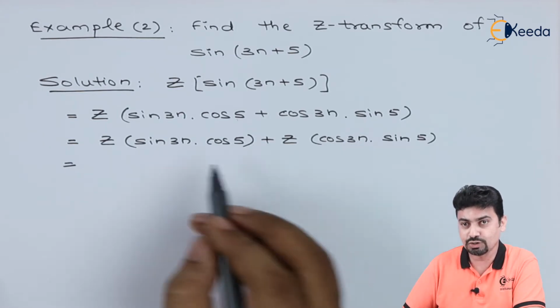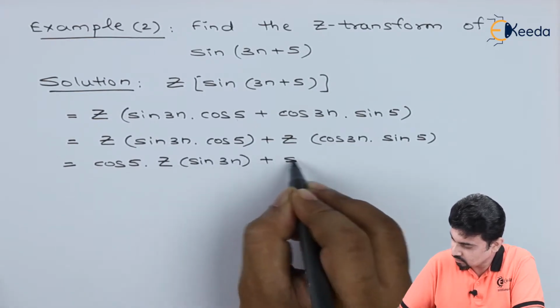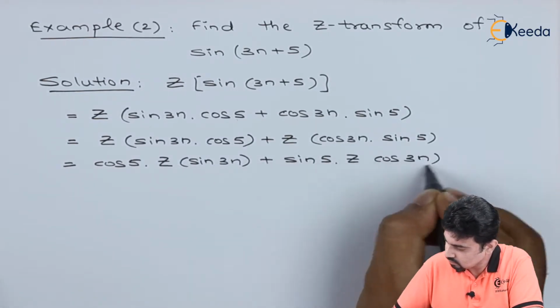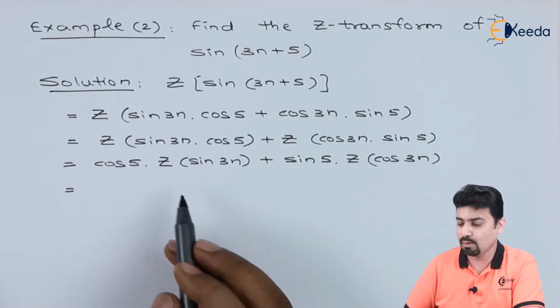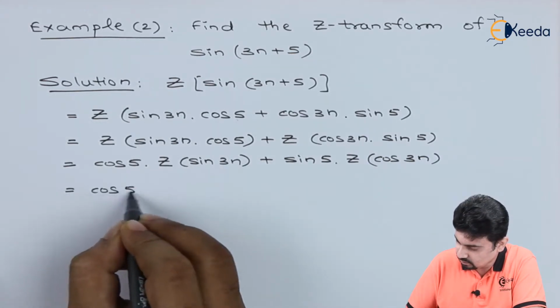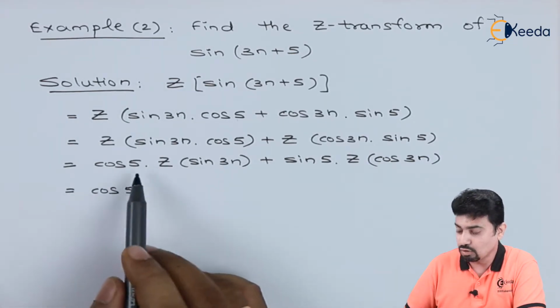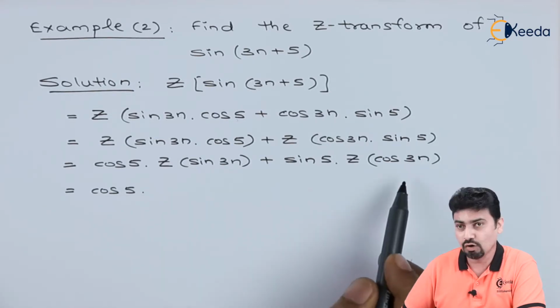Now let us take the constant outside. After taking constant outside, we will apply the Z transform of sine n theta and cos n theta.